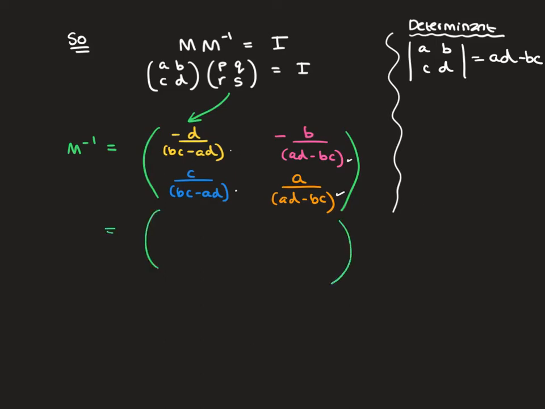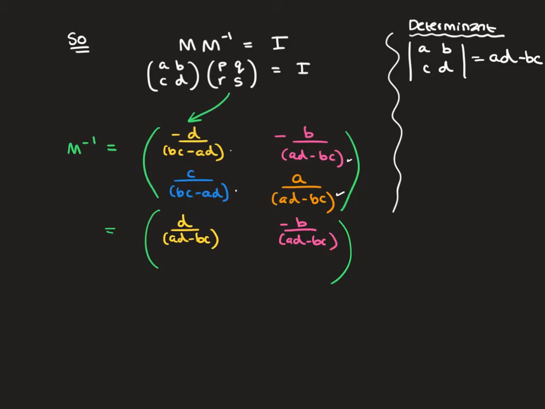So what I'm going to do is rewrite the top left-hand component as positive D over AD minus BC. So imagine multiplying the numerator and denominator by negative 1 here. And then the pink term I'm going to leave as minus B over AD minus BC.